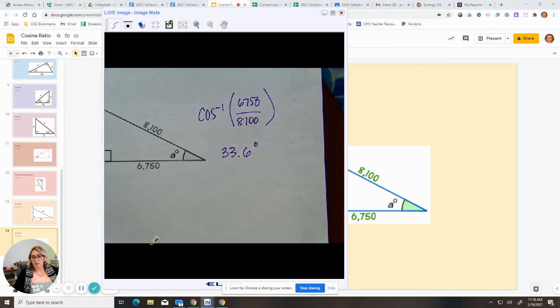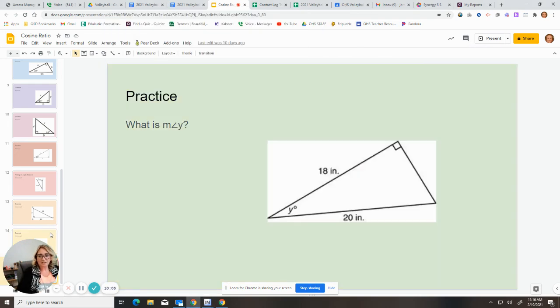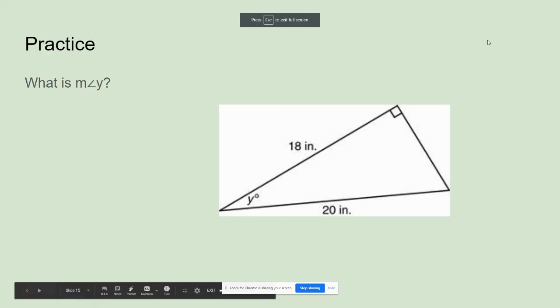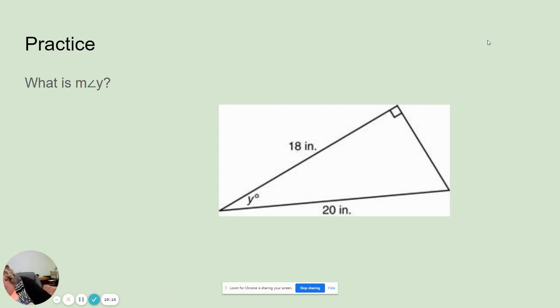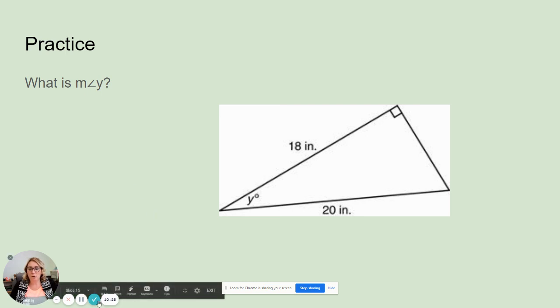So I'm going to have you guys practice one more of these, and then we will be done with cosine. Hopefully you are finding that this is equally as simple. So go ahead and solve this. And after this, you do have a 4-question exit ticket. You need to score a 3 out of 4 on it to get credit. So go ahead and solve for angle Y.